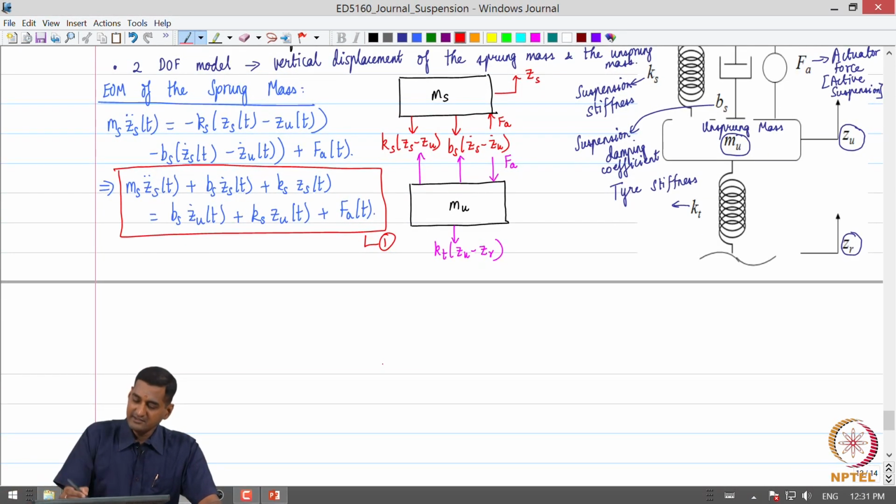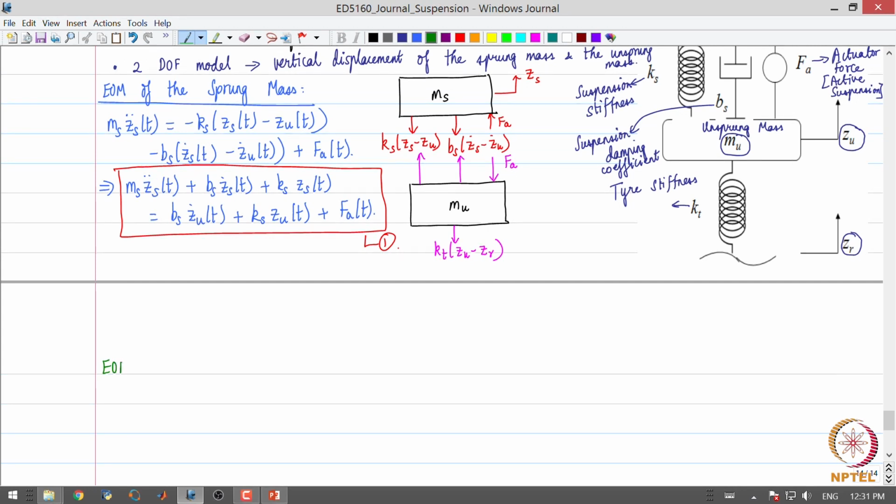So, similarly we can write the equation of motion for the unsprung mass. So, what would we get? Once again we need to equate all the forces on the unsprung mass, right.